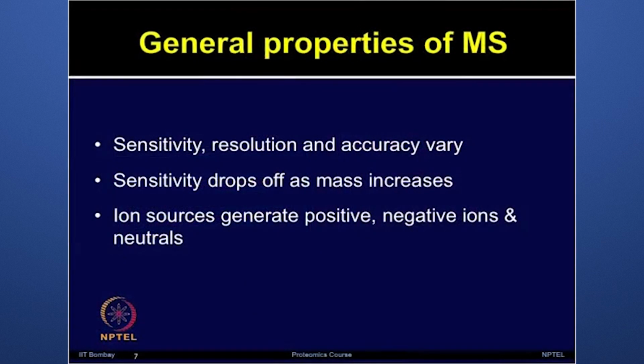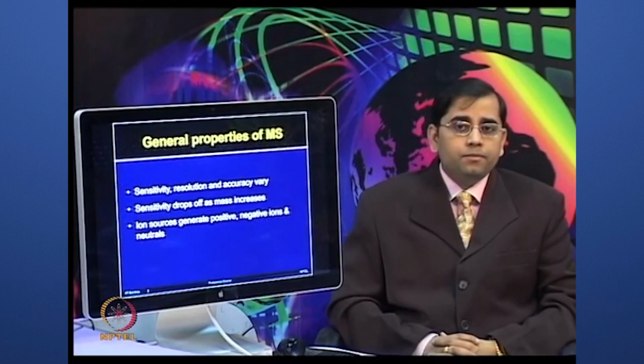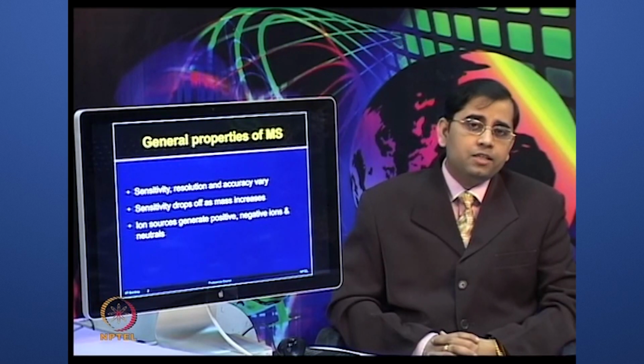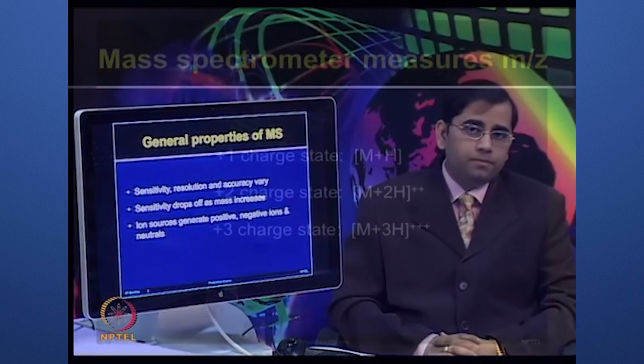Ion sources, they generate positive, negative and neutral. The neutrals obviously cannot be focused or accelerated by the ion optics. So, one can analyze either positive or negative ions.